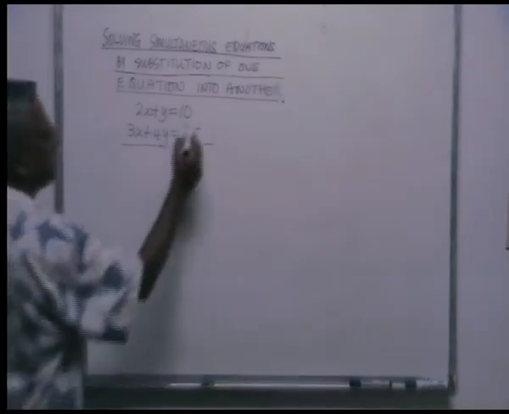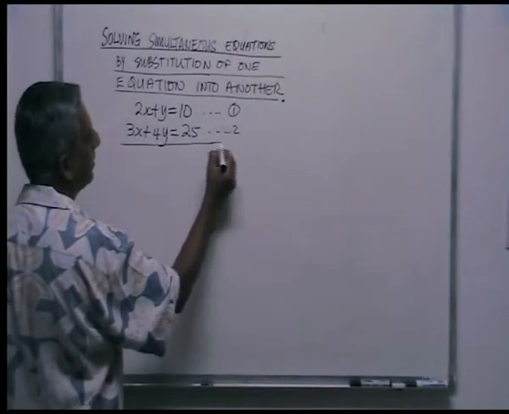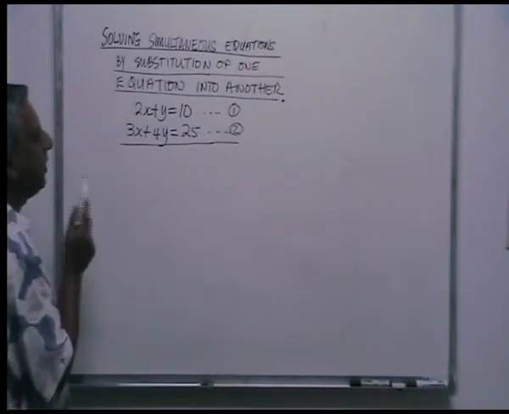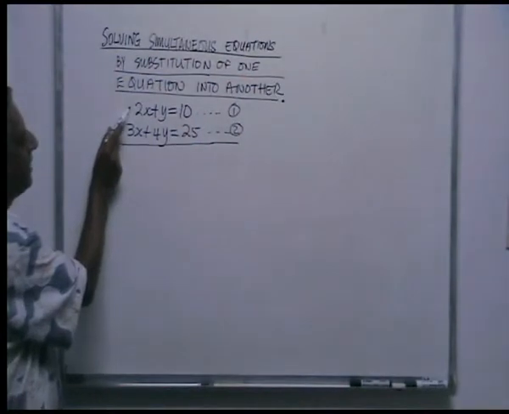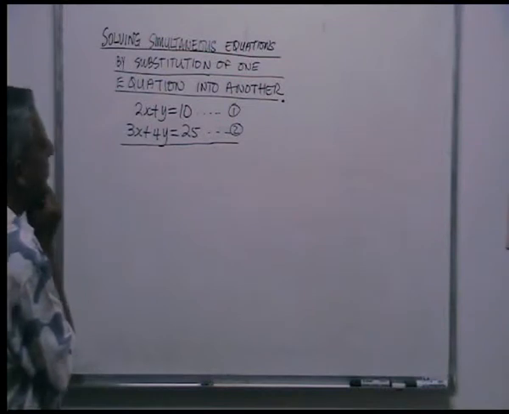Let's call that 1 and call that 2. What you can do is take number 1 and put it into number 2. But you have to do a little step.